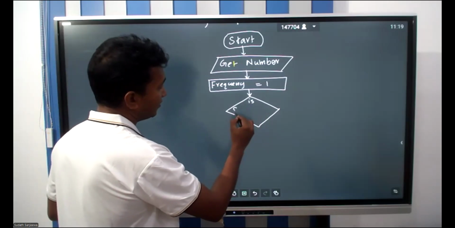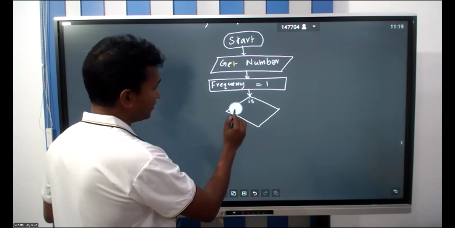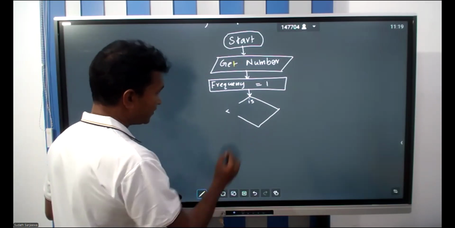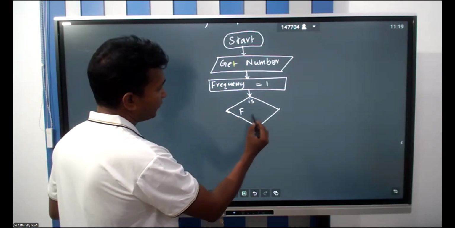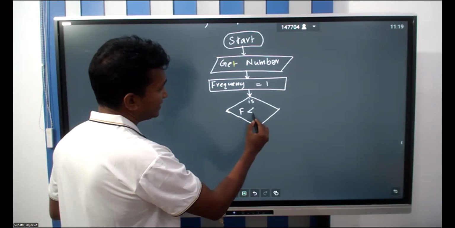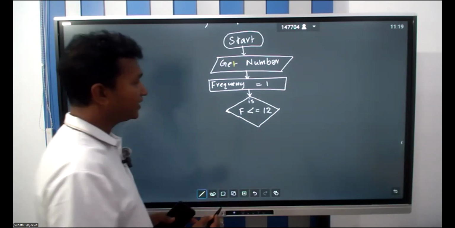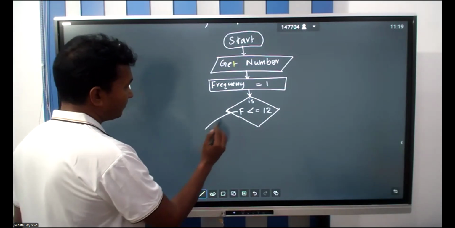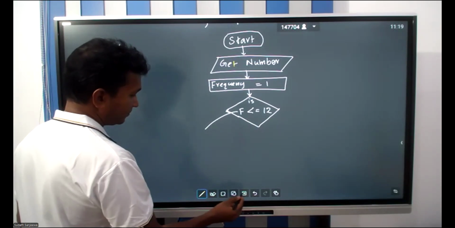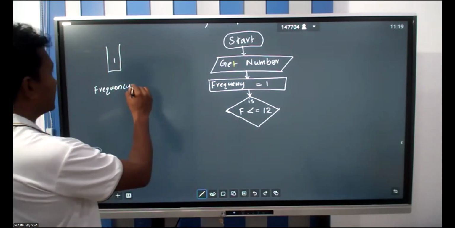I put frequency as f because I don't have much space here. This is f, frequency less than or equal to 12, right? F is frequency.